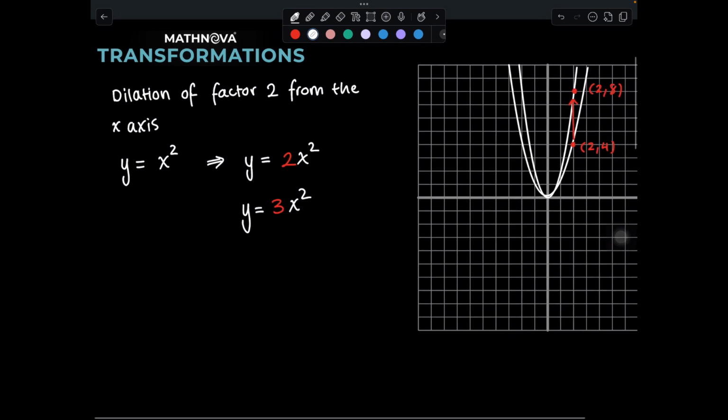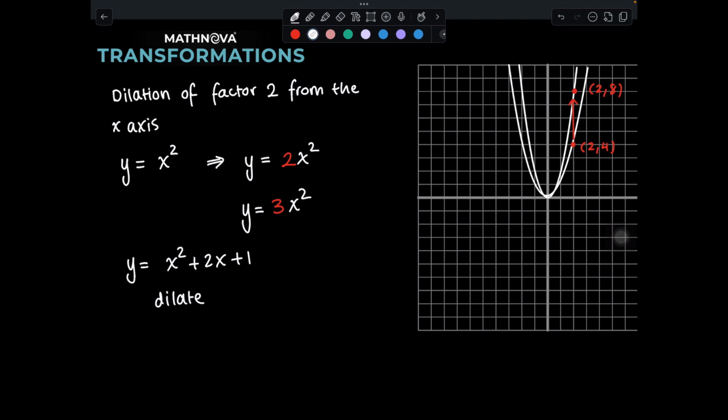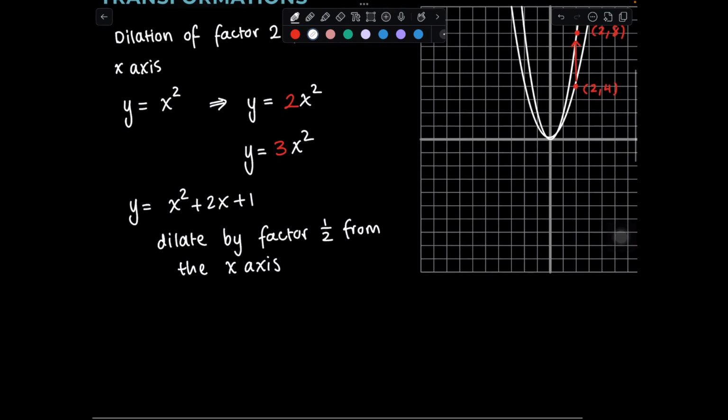Okay, so if I had an example like this, and it said dilate by factor 1/2 from the x-axis, again, you would just multiply the entire equation by a half. So that would look something like this.